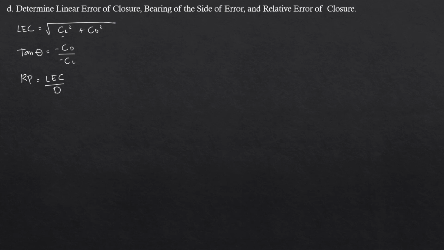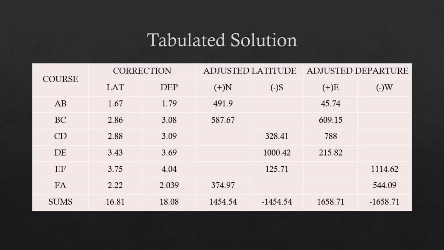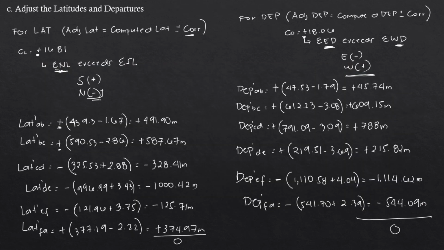Okay, so given naman na tong CL natin and CD, nakuha natin kanina dun sa mga previous questions. So, ano yung CL natin? CL natin is, ito, 16.81. CD natin is 18.08.